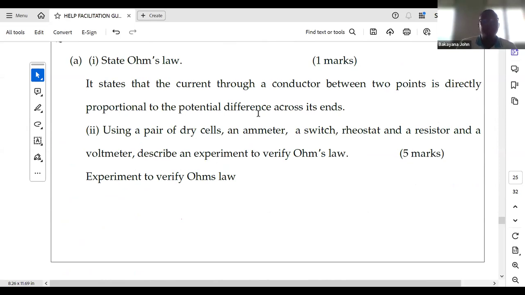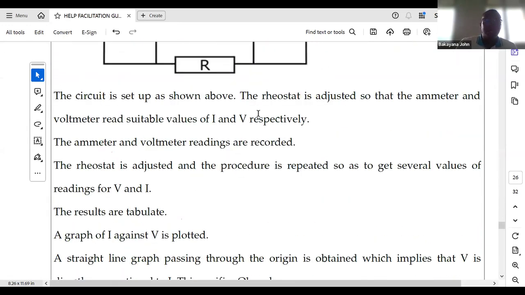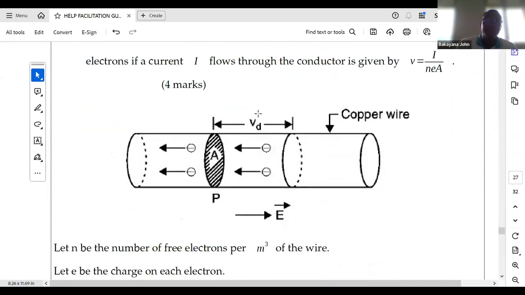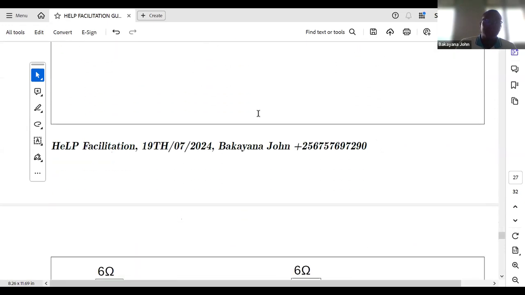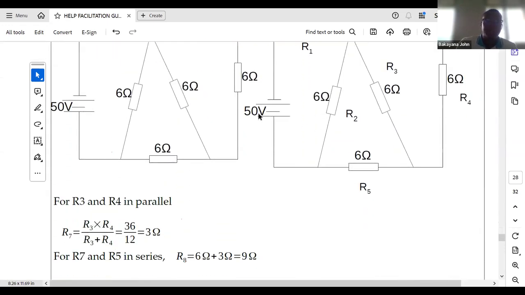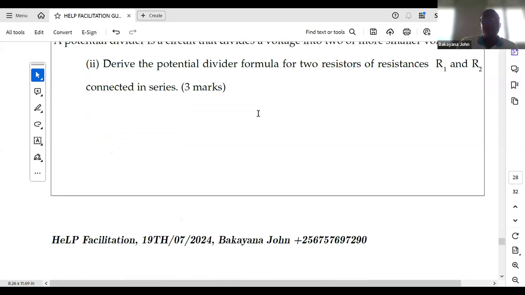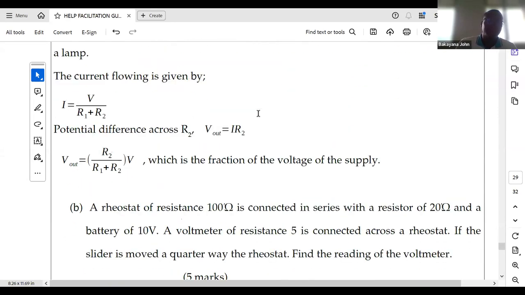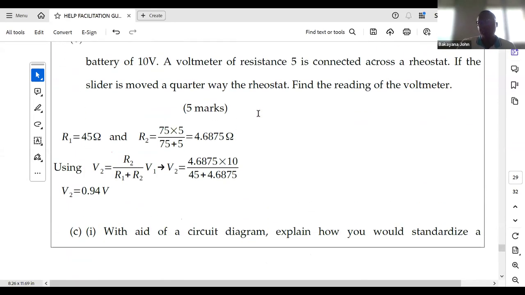I think the other one has been electrostatics. Through the current electricity: Ohm's law, potential divider, and then the potentiometer. Okay, I think that's enough for now.